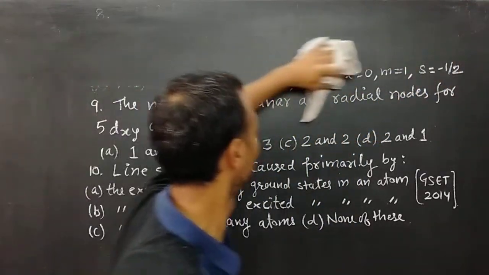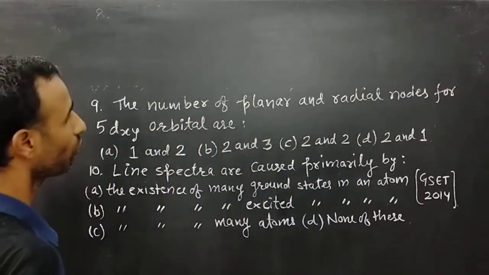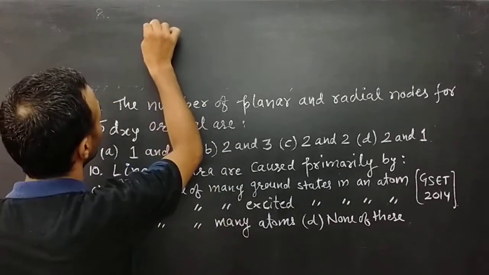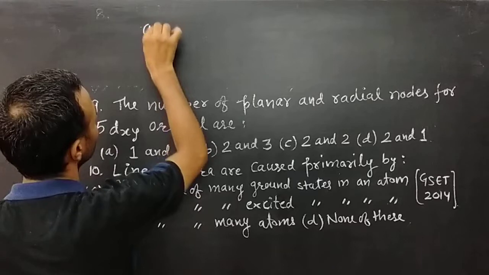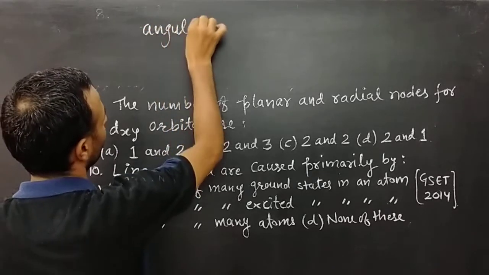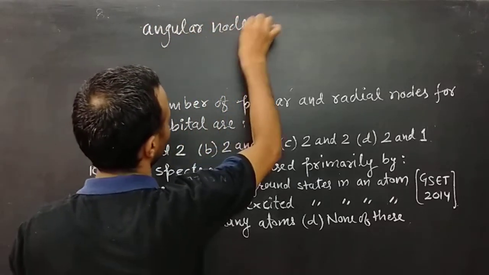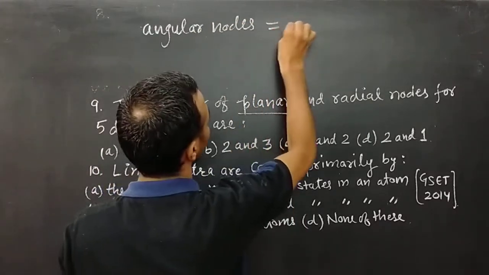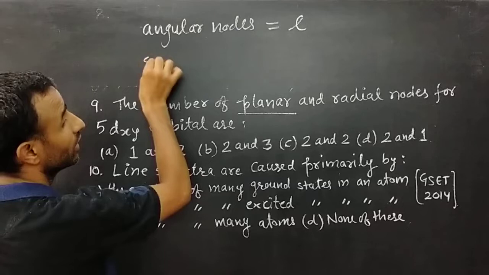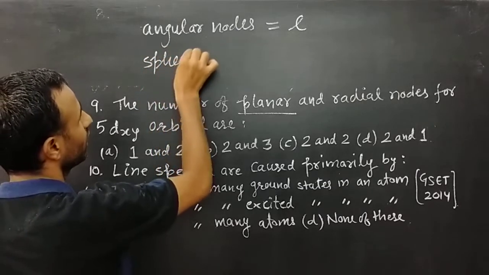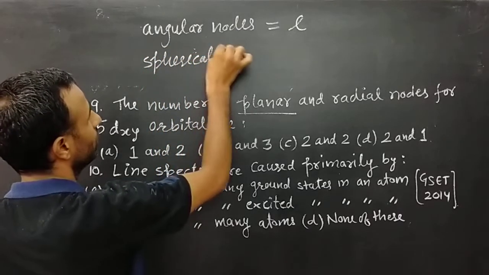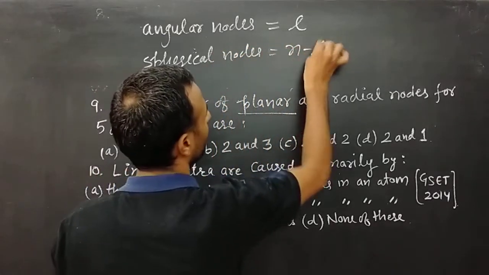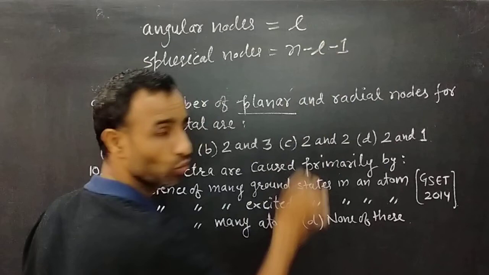Now 9. Number of planar and radial nodes. Angular nodes or planar nodes, nodal planes, are equal to L. And radial nodes, also called spherical nodes, are equal to n minus L minus 1, which we have done before.